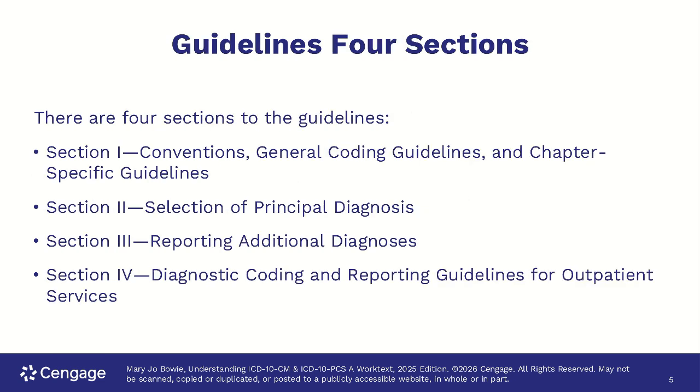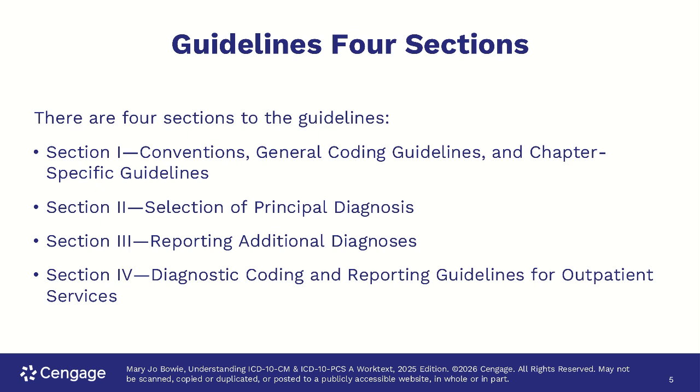The coding guidelines themselves are divided into four sections. Section 1 happens to be the largest portion of the guidelines. Now, when we talk about the difference between inpatient coding and outpatient coding, one thing I want to call out immediately is that when you're coding outpatient, you're going to be using sections 1 and 4.